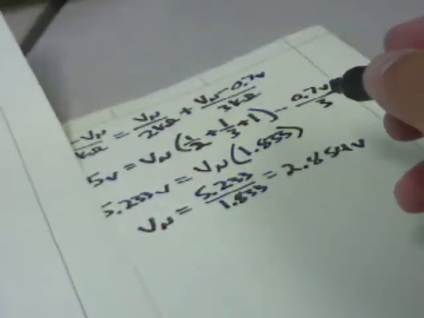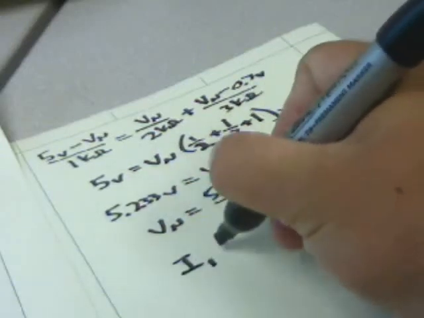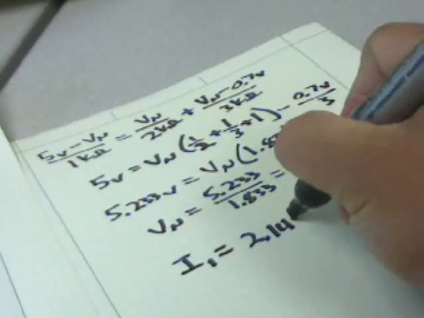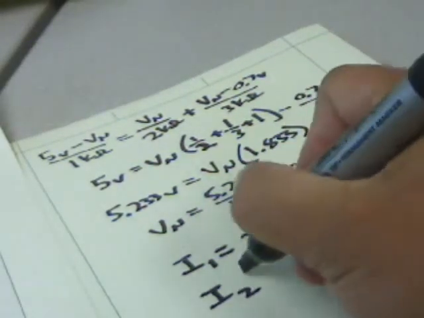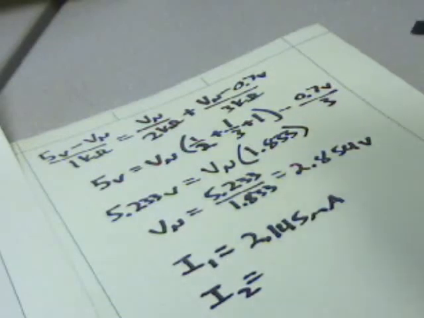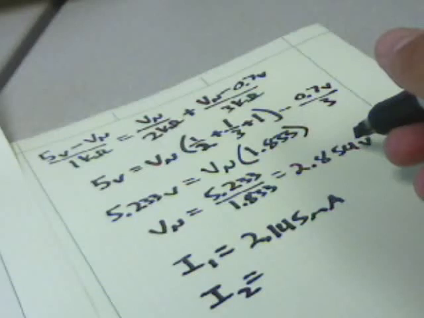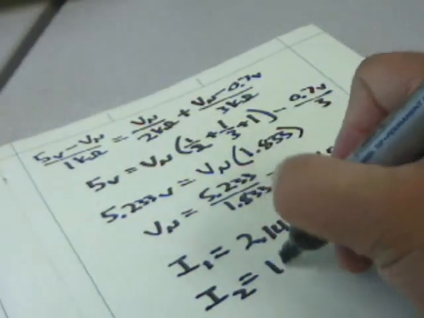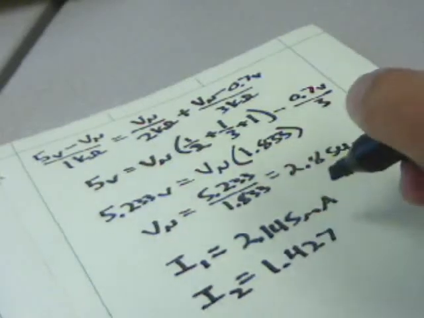And so, for instance, up here, you get 5 minus 2.854, divided by 1 kilo ohm, so I1 is equal to 2.145 milliamps, and I2 is just 2.854 divided by 2 kilo ohms, so it's 1.427.